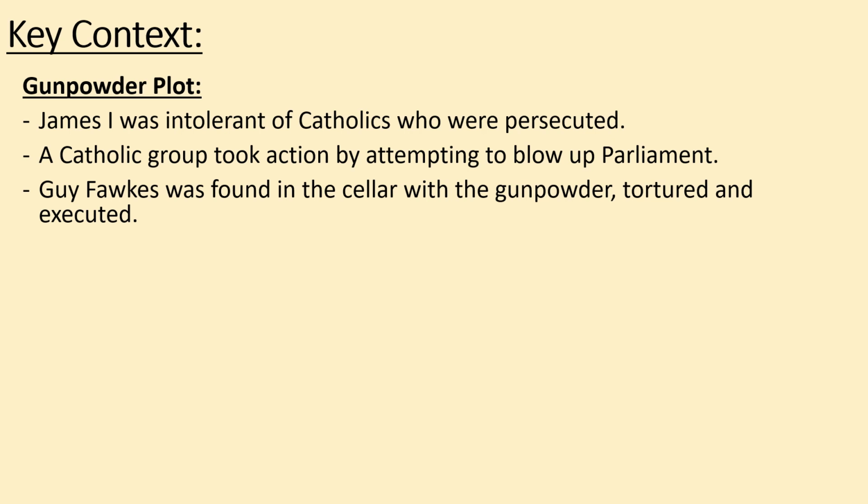However, due to a tip-off, they were unsuccessful, and when they went down to the cellar to see if it was true, Guy Fawkes was found there with all the barrels of gunpowder, and he was tortured and he was executed. So he is the figure that is traditionally burnt on a bonfire, just to remind us that it's completely against all possible rules. It's a sin to commit regicide.